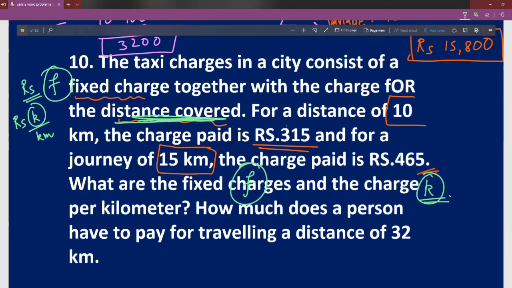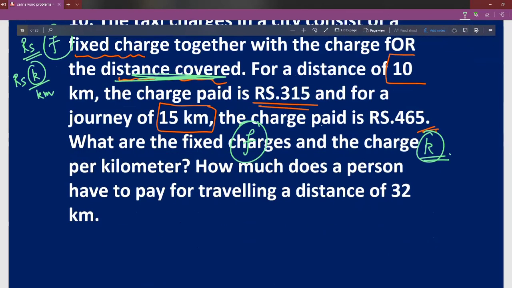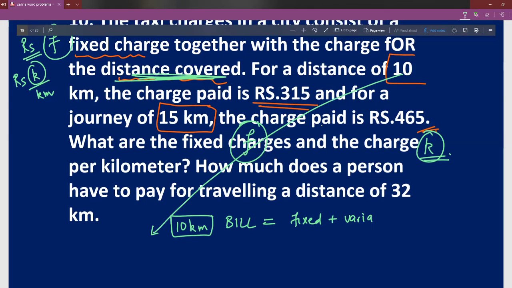Let me explain further. For a distance of 10 km, so when the person is covering 10 kilometers, see what happens. The bill that he will get is fixed plus variable. The fixed part will remain as rupees F. The variable part depends upon per kilometer.